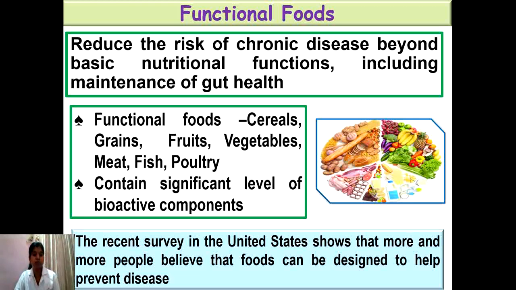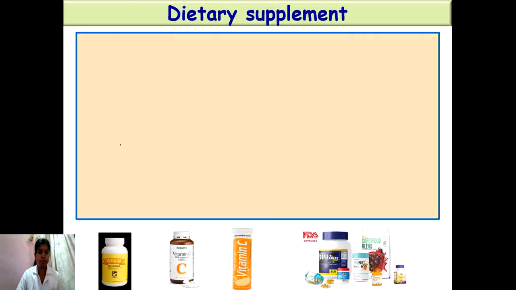A recent survey in the United States shows that more and more people believe foods can be designed to help prevent diseases. Functional foods are getting more popular, and people everywhere in the world are craving them for a healthy life.